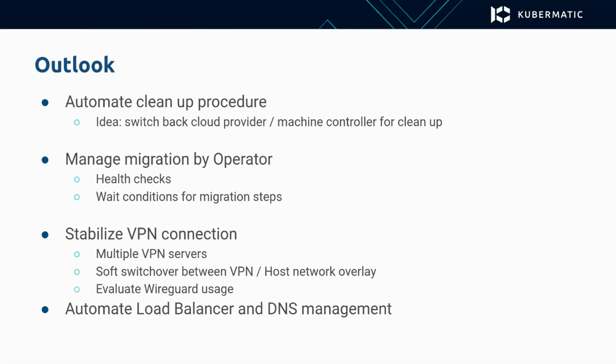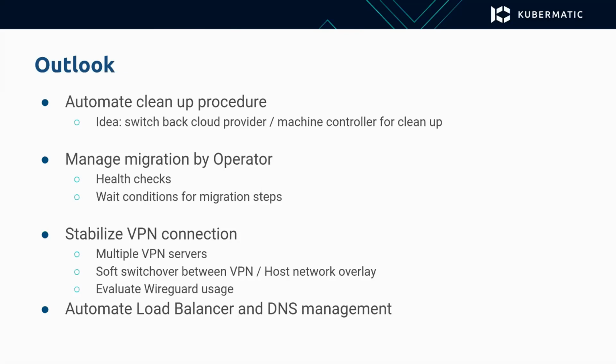As I already saw in a question in the Q&A, for sure the VPN connection is currently not reliable enough for a hard workload, and it should be stabilized. It means we need multiple VPN servers, and we need a really soft switchover for VPN and host network overlays.